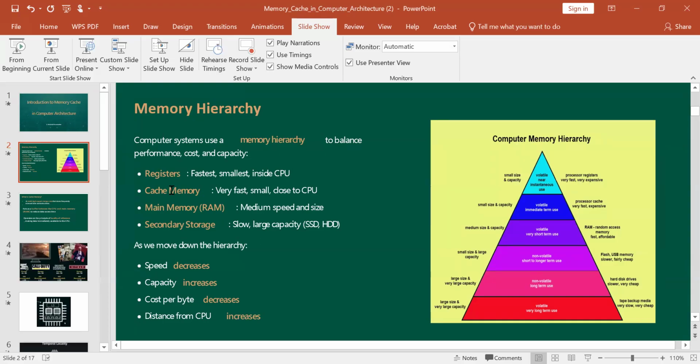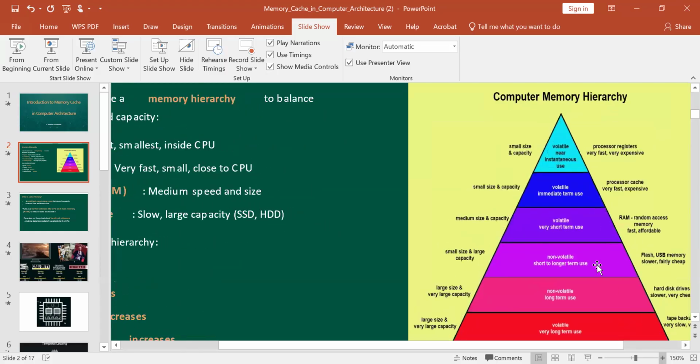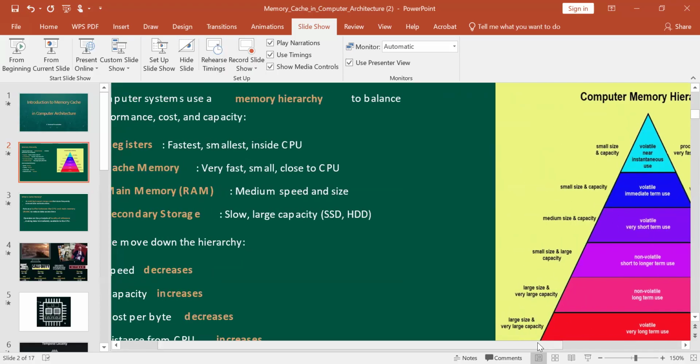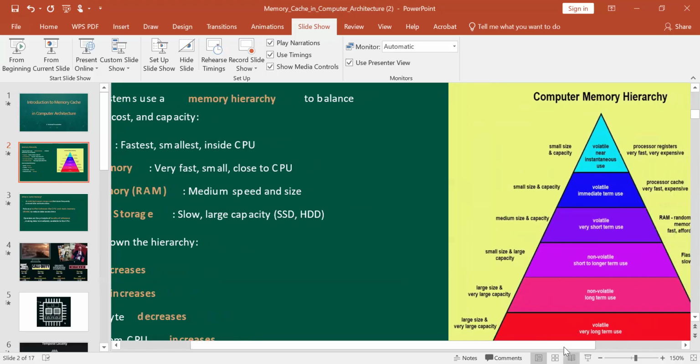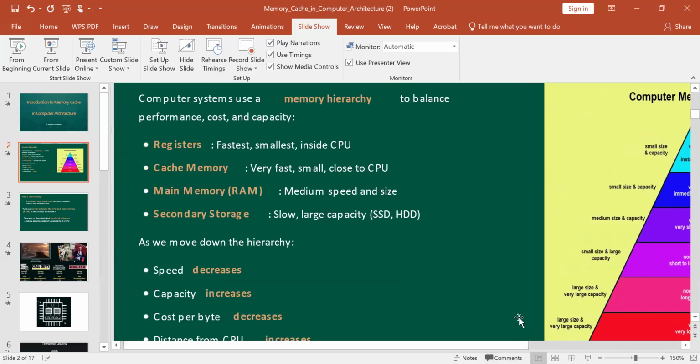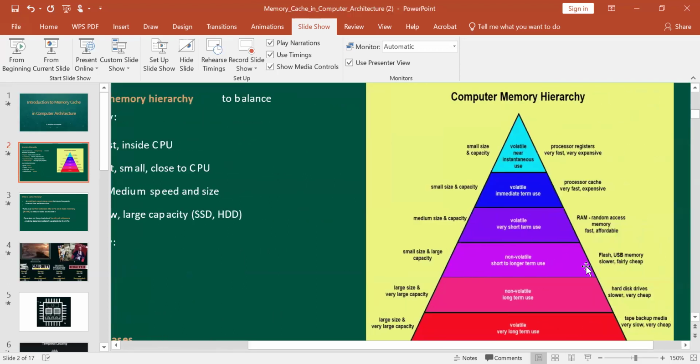The secondary storages are usually external devices, the SSD and so on. Focusing on this pyramid, we notice that as we move down the hierarchy, the distance to the CPU increases. Number two, the storage capacity of the memory also increases. And then the speed, however, this is the disadvantage, the speed decreases.